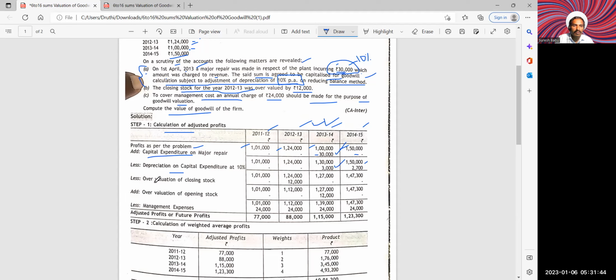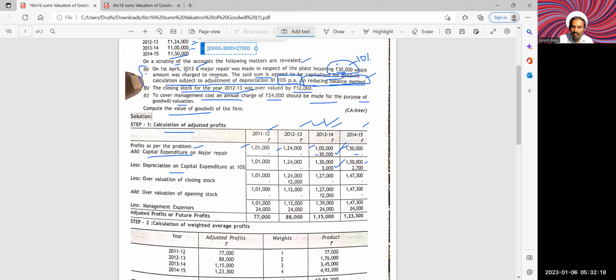Depreciation first year 3,000, correct? Next year, which method have they said? Reducing balance method. It means the first year, 13-14, there was 30,000. 30,000 minus 10%, that is 3,000, leaves 27,000. That is 14-15.